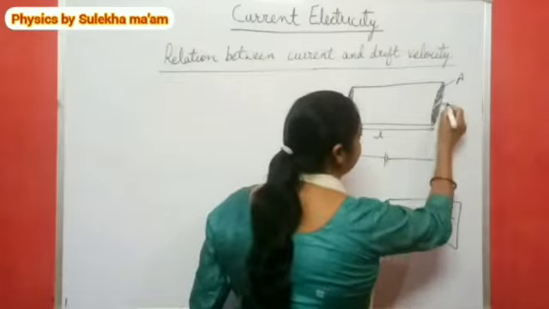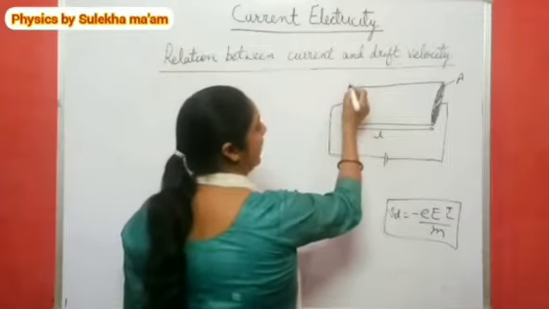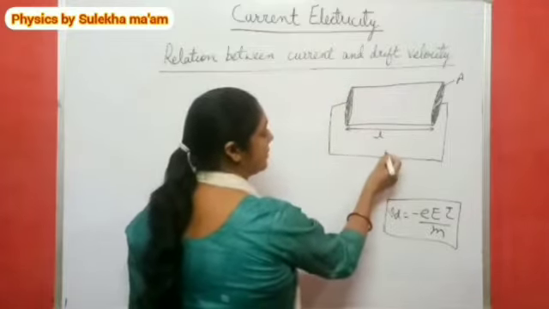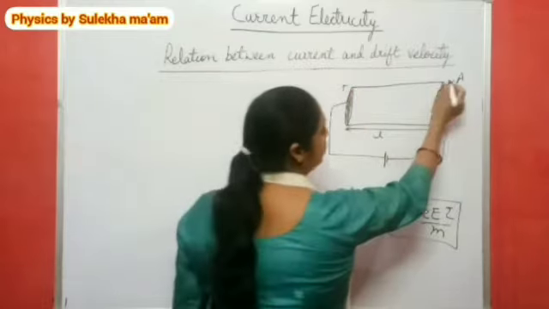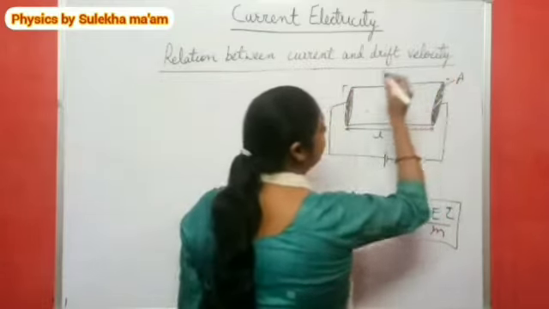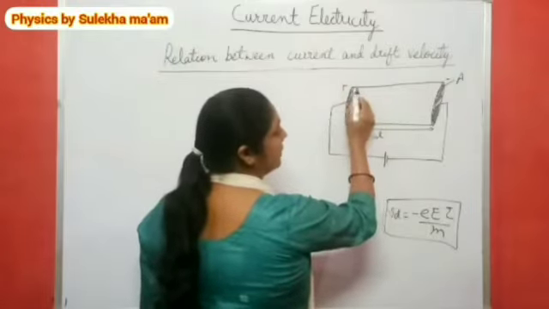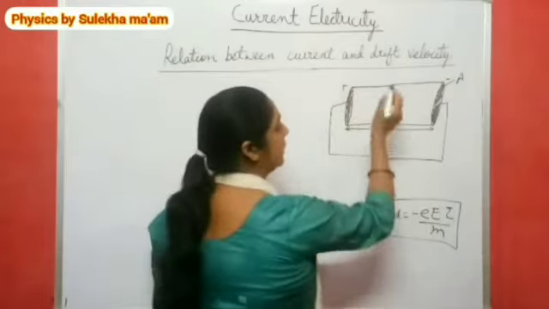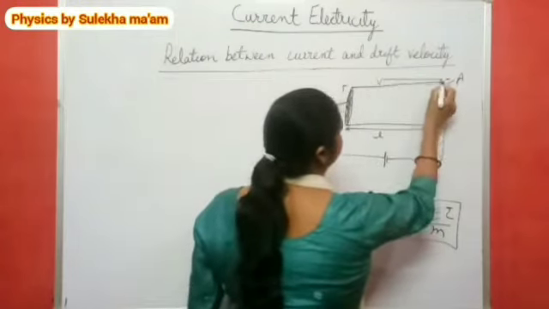Battery is connected means potential difference is applied across the ends of the conductor. This is the positive terminal, so this end becomes positive. The negative terminal is connected to this side, so this end becomes negative. Suppose V is the potential difference across these ends.